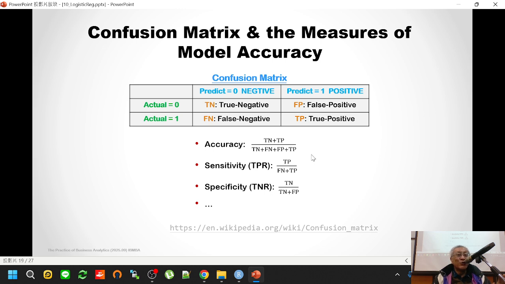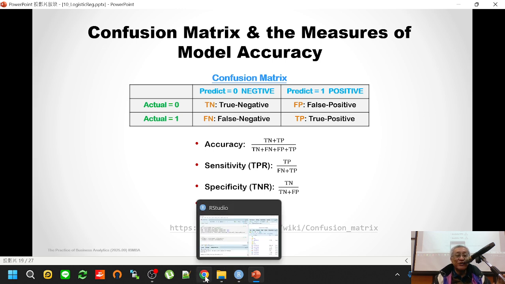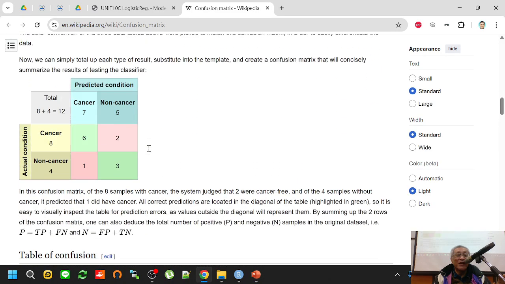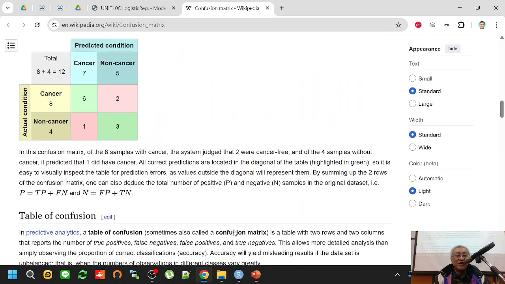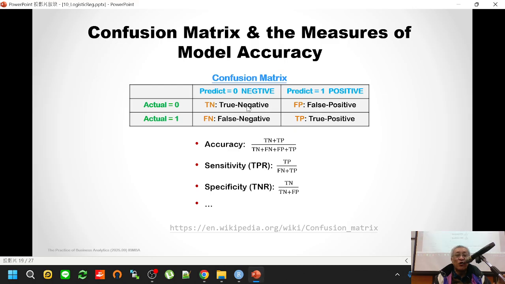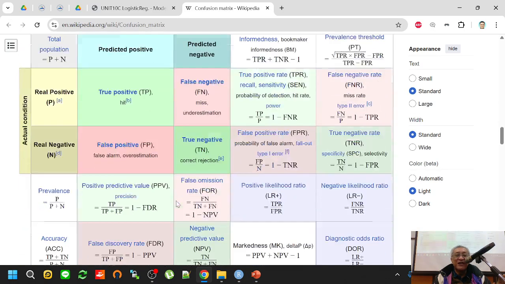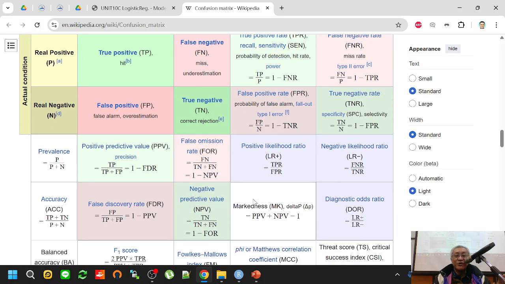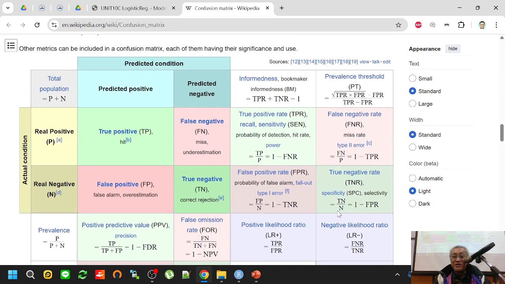If you go to that Wikipedia page, you can see that the confusion matrix only has 4 numbers, but out of these 4 numbers, they can define a lot of things. Let me see, this is the confusion matrix itself, and all of these are the things that we can derive.